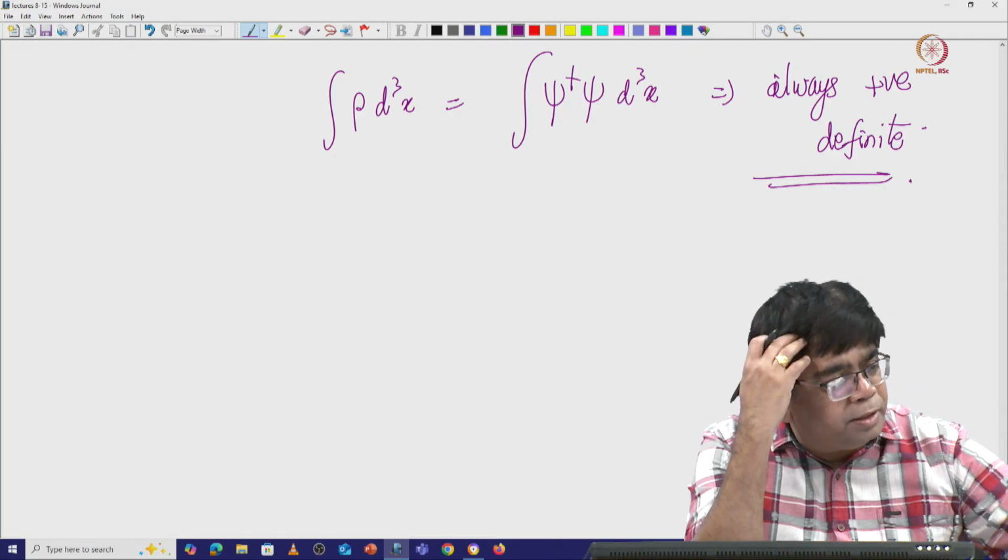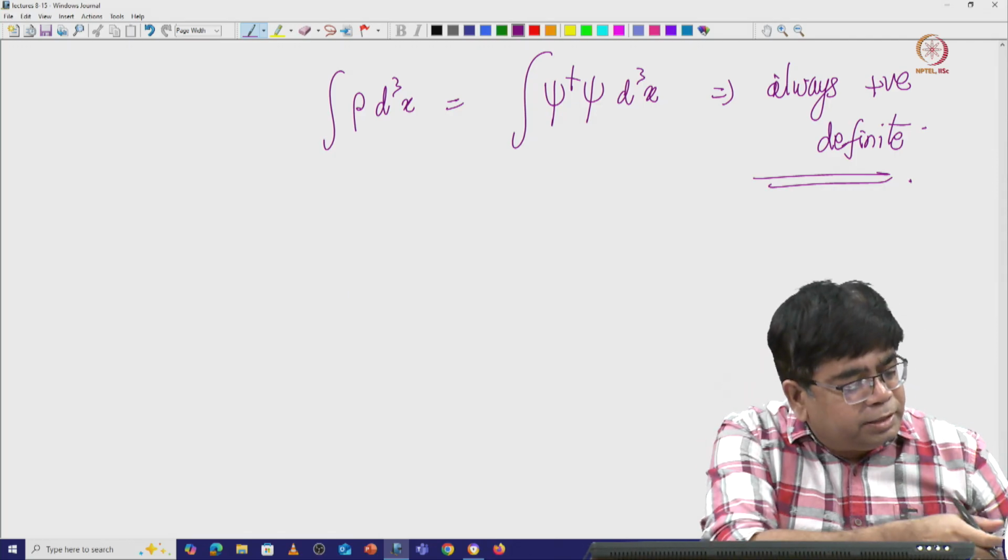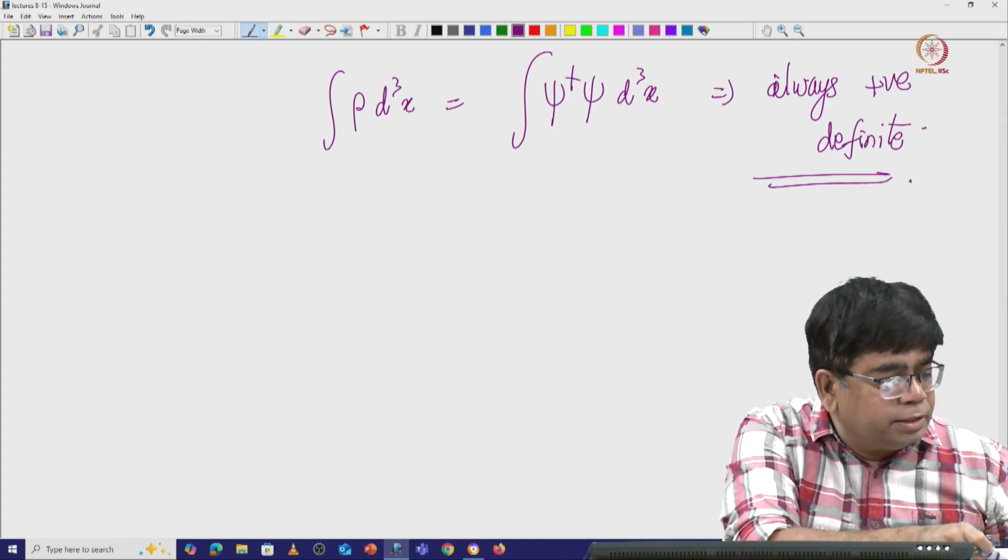Why something is Lorentz invariant, and why something transforms under Lorentz transformations, essentially.